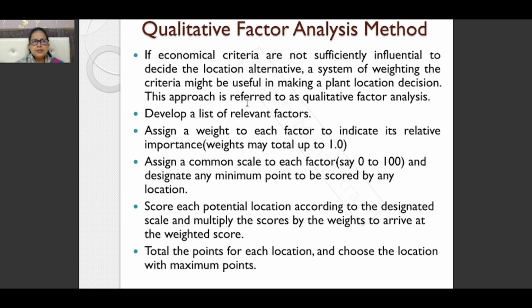But if we are going for some agricultural activities, then we have to find the quality of the land. Maybe the land should be fertile, and the weather conditions of that state or location matter. So these things are very important while we choose a location.